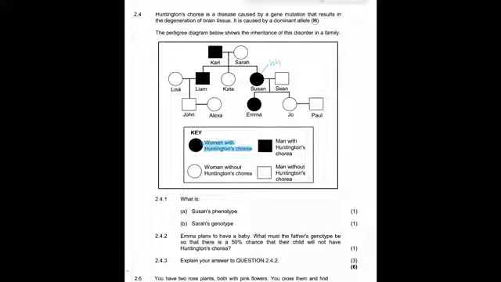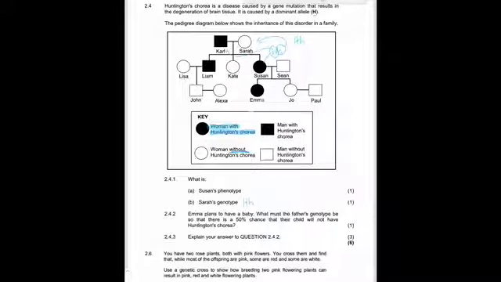One of those little h's will come from her father, and the other comes from her mother, which means that Sarah's genotype must be heterozygous, because Sarah's circle indicates that she does not have Huntington's chorea. So Sarah's genotype is big H, little h.